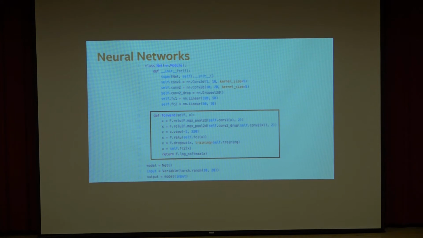And so my network is defined by this Python function forward. Whatever I write in this forward function is how I define my neural network. And finally, to use my network, I just create an instance of this class, and then I can send an input, which is a variable, through this model, and I will get an output.